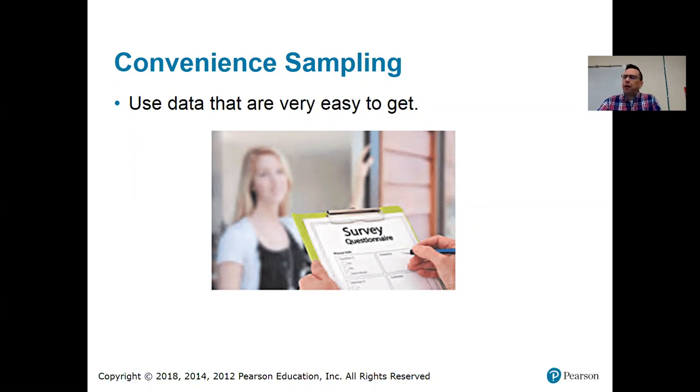Standing in front of the library conducting a survey would be convenience sampling. You're just going to grab the first 100 people that walk by. I remember using standing in front of the library asking people questions as an example last week. You wouldn't want to ask them how do you feel about the college's plan to cut library hours, right?